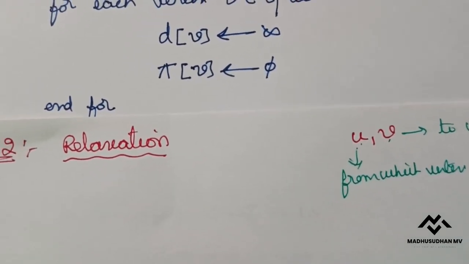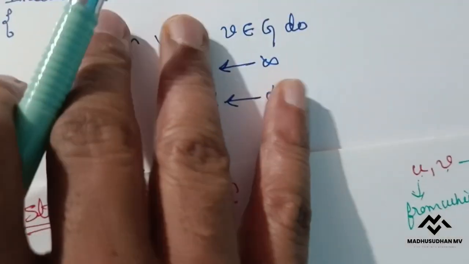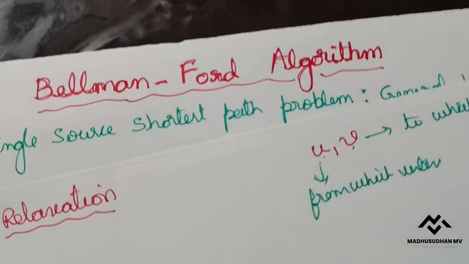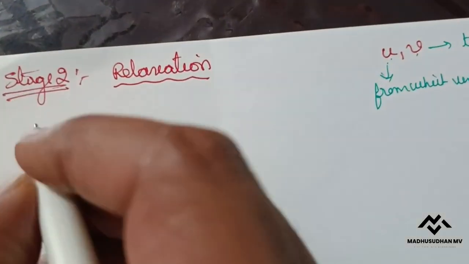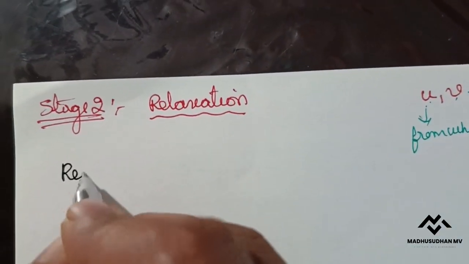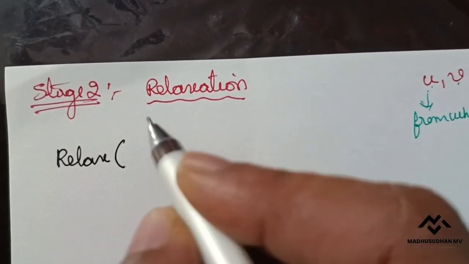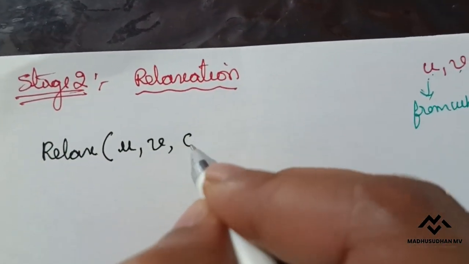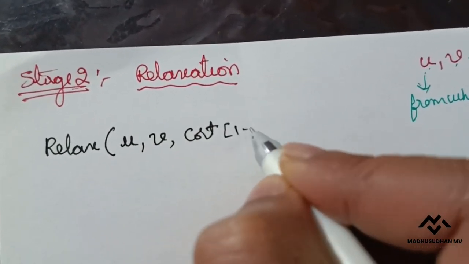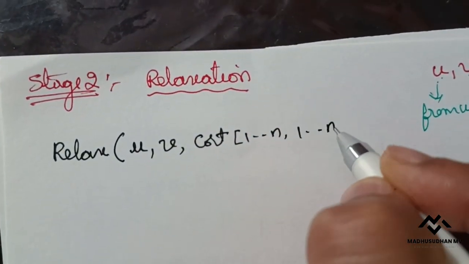Okay. So I will write this one as the algorithm. The name I'm taking as relax. So for each edge, from which vertex to which vertex, and I need the cost adjacency matrix for the given graph.